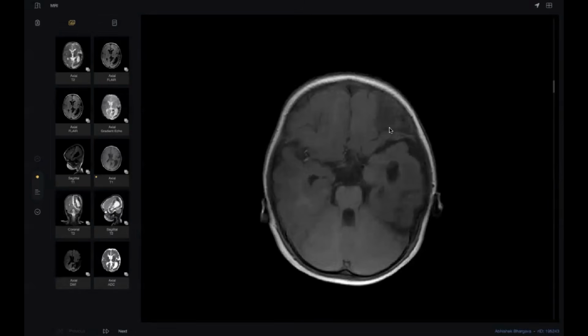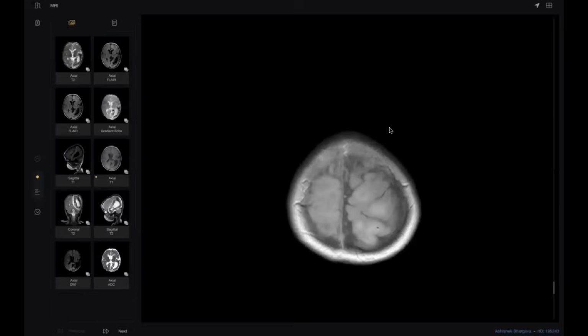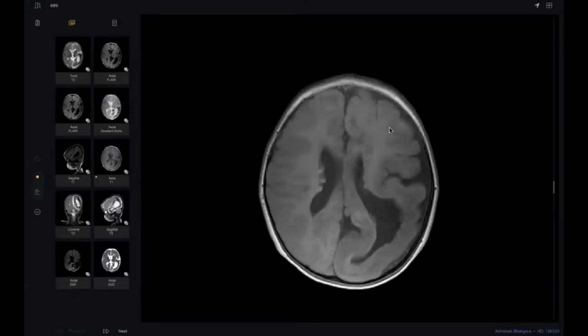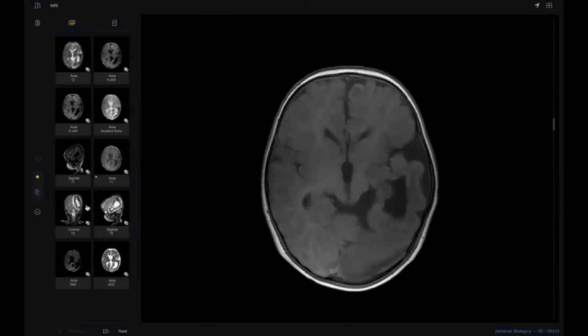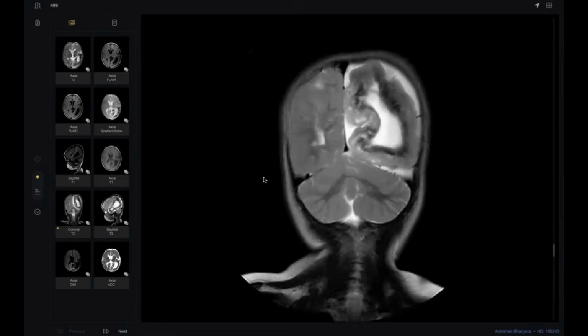I'm looking at the sinuses. They do not appear to be enlarged. The ventricular chain otherwise also appears to be unremarkable.